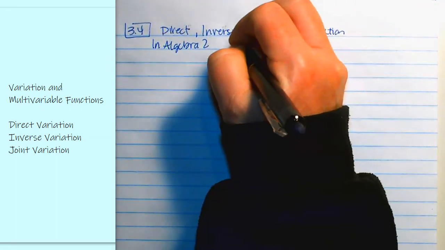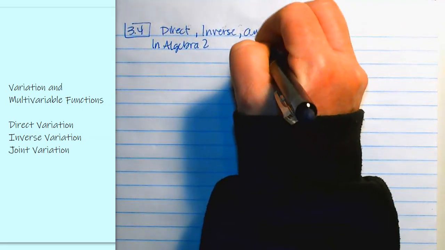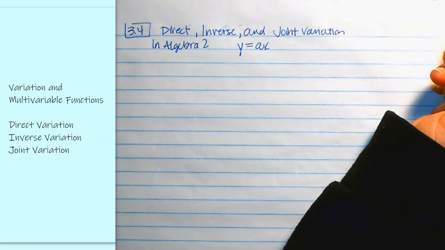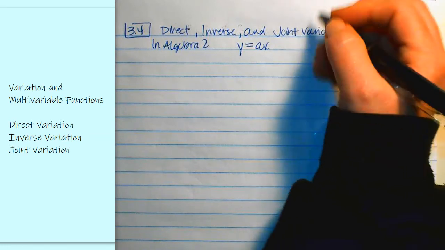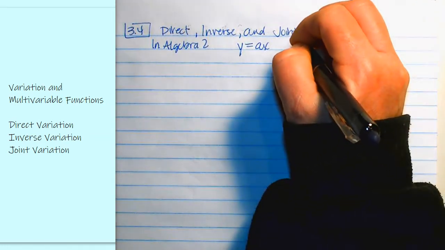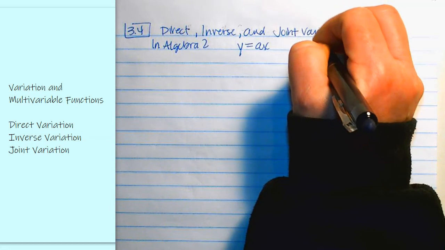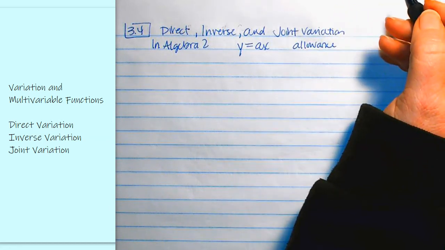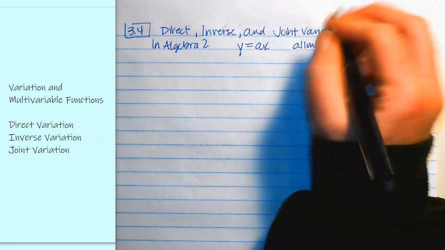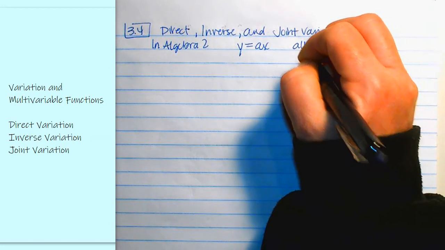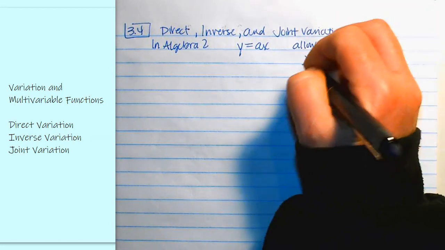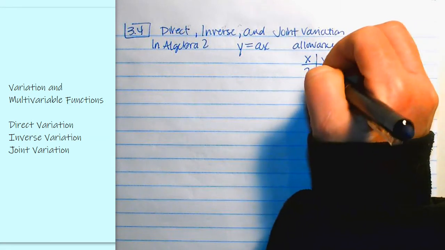And so last year in Algebra 2, we saw an equation like this, y equals a times x. If you use my example, if we looked at allowance, whatever you make, so your x, if you make $2, they make twice as much.